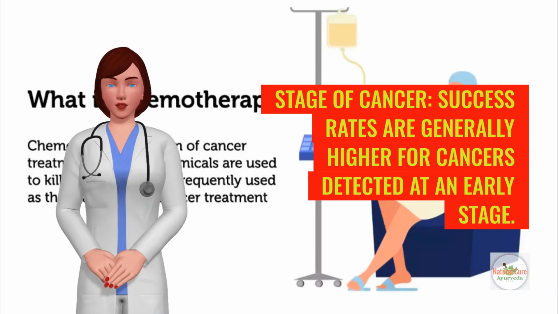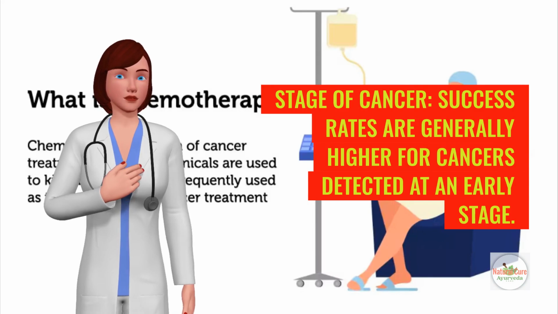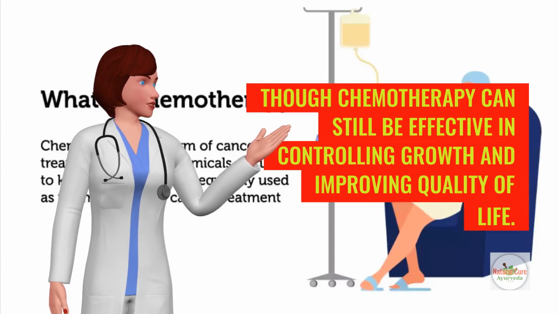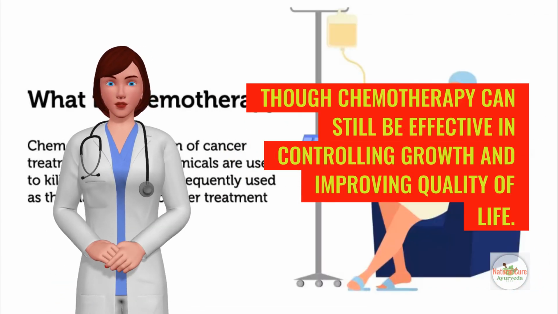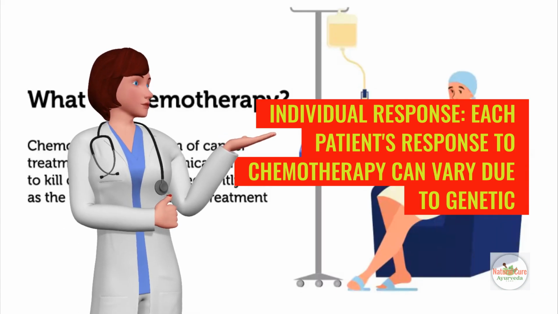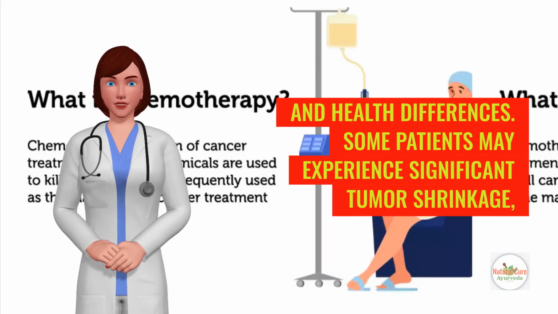Stage of cancer. Success rates are generally higher for cancers detected at an early stage. Advanced cancers may be harder to treat, though chemotherapy can still be effective in controlling growth and improving quality of life. Individual response. Each patient's response to chemotherapy can vary due to genetic and health differences.